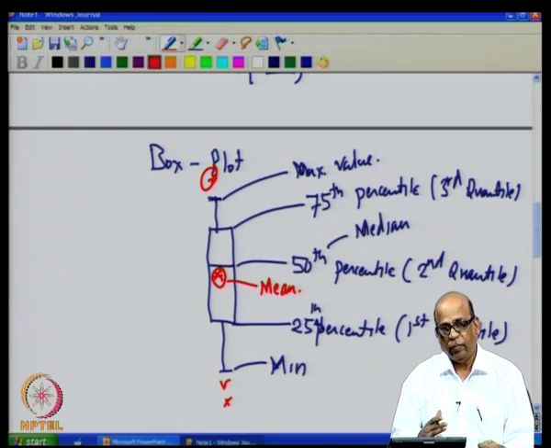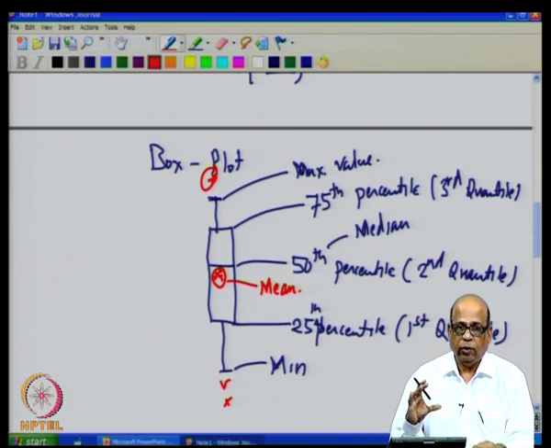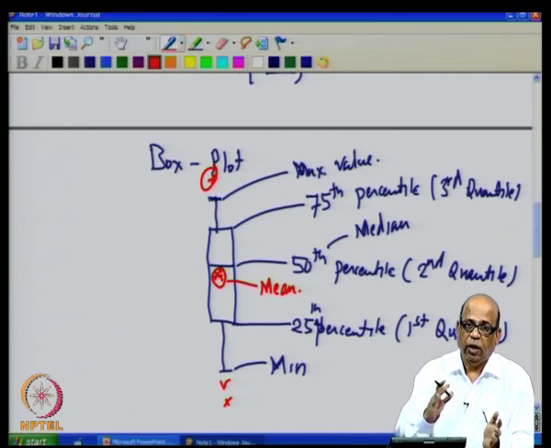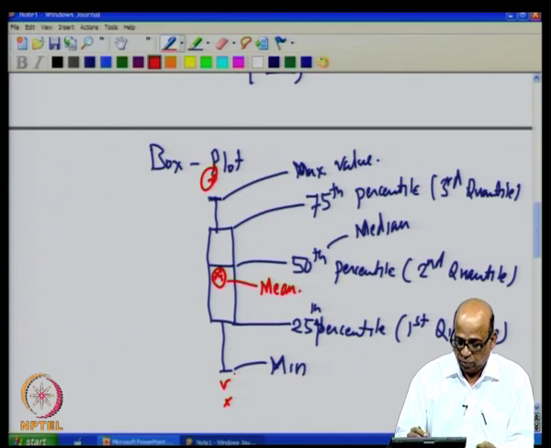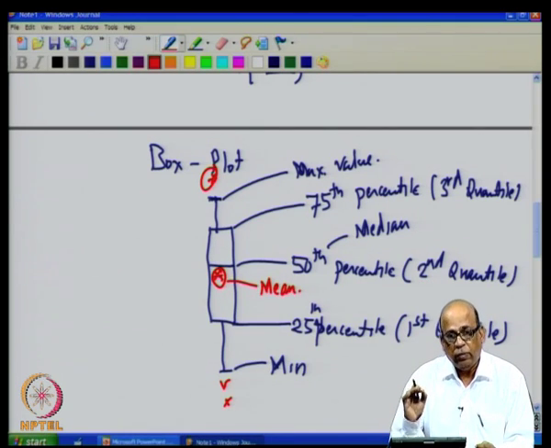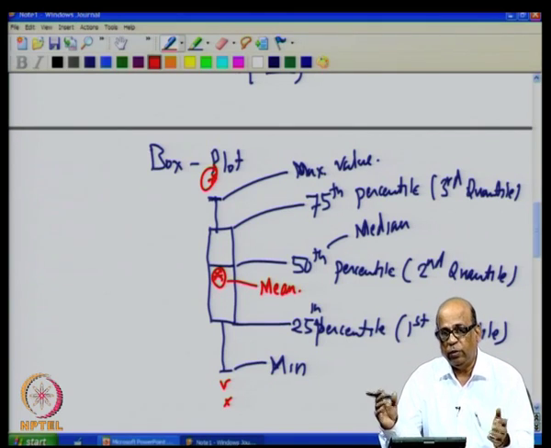And as I said, there are variations of representing the box plot, but box plots are essentially used to represent what kind of uncertainties exist in that particular time series, because as you can see, this is a range that you can expect, minimum and maximum, and this is the median that you can expect, this is the mean that you can expect, and so on. This is especially useful when you are comparing 2-3 different time series.